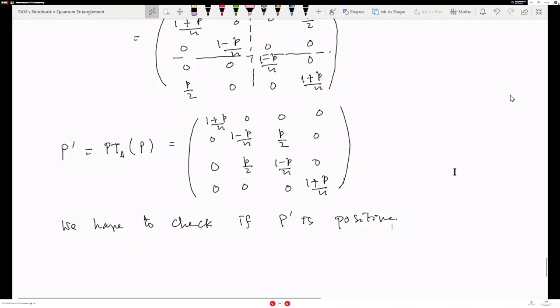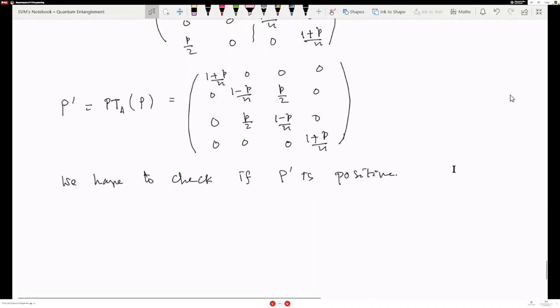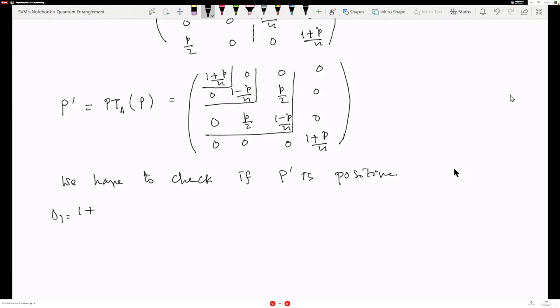For that, we will look at this criterion: delta 1, delta 2, delta 3, and then the whole determinant. So (1 plus p) by 4 is our delta 1. Delta 1 is always positive because p is greater than 0, so there is no problem.